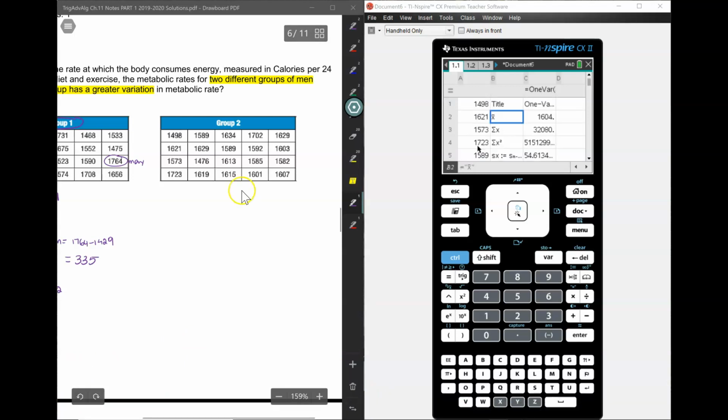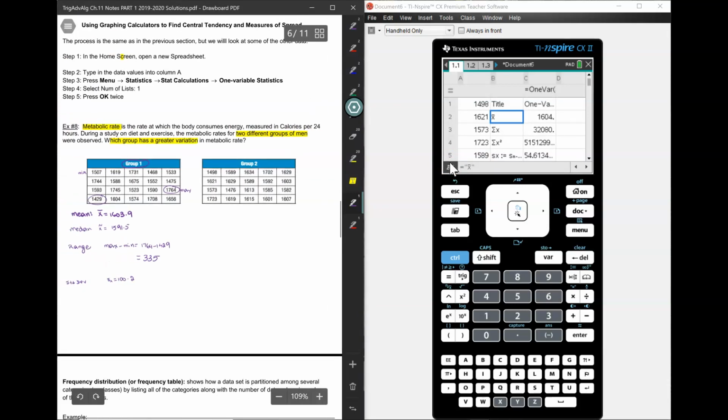Right, so with the new list, now I have the new mean for this, X bar, and it is 1604. My median, X tilde, further down in the list is 1605.